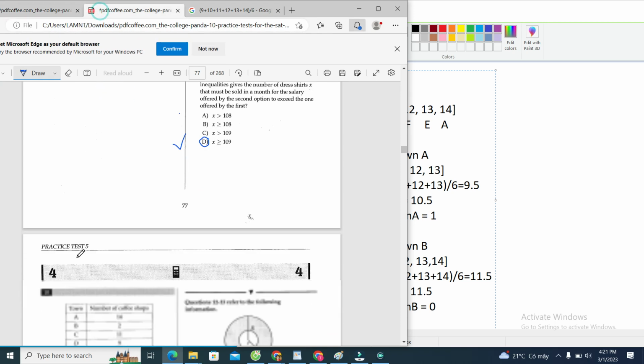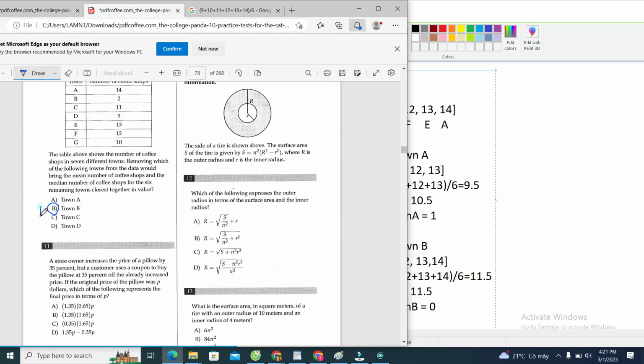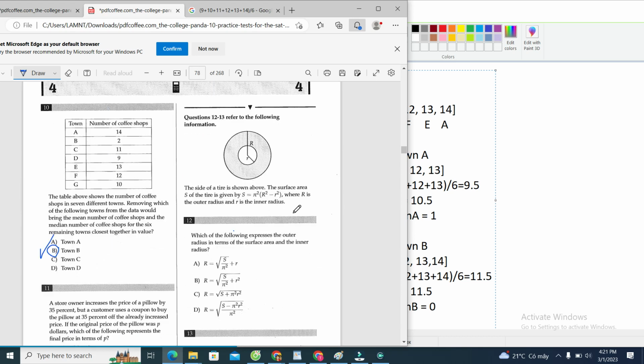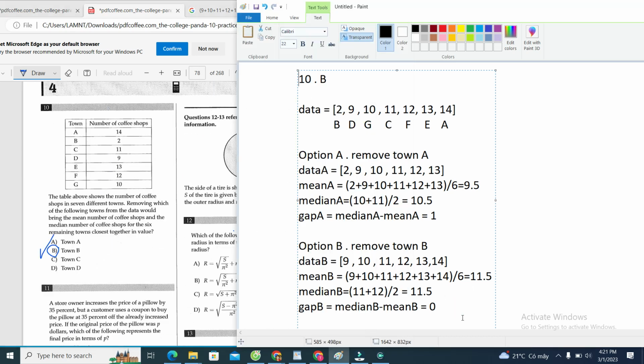So in question number 10, the reason we are not calculating town C and town D is because the gap at B has already reached 0, which is the smallest possible number for the gap.